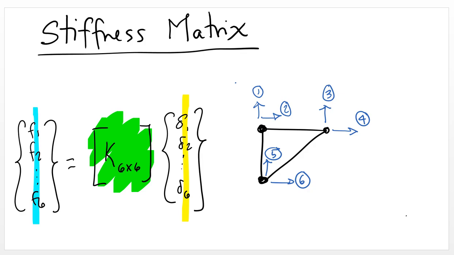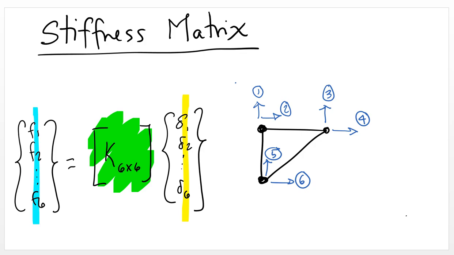So if I give you 6 displacements that you are going to apply at these three joints, so I give you all of them, 1 through 6, and you pre-multiply that vector of displacements by the stiffness matrix, which is 6 by 6, you're going to get a vector which is 6 by 1.